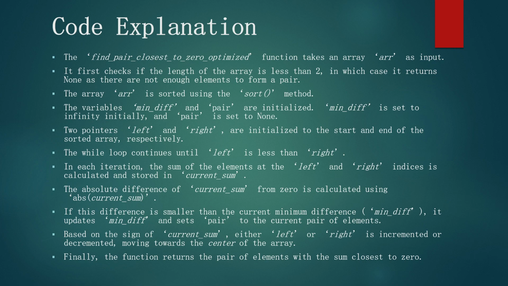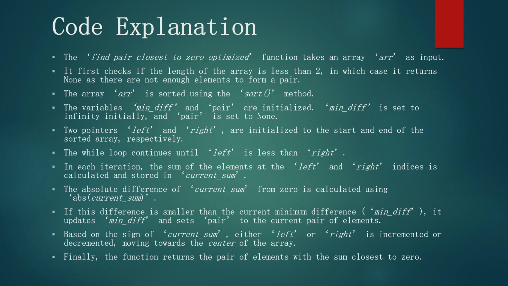Two pointers, left and right, are initialized to the start and end of the sorted array respectively. The while loop continues until left is less than right.